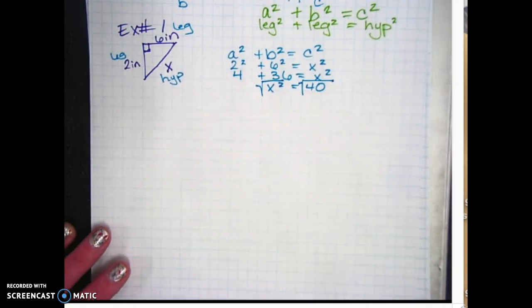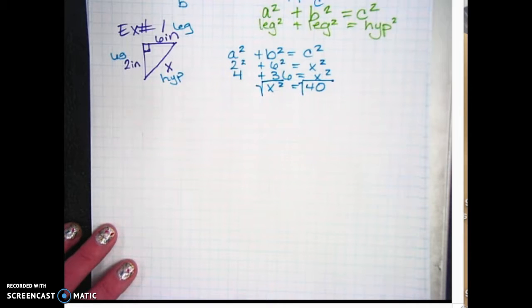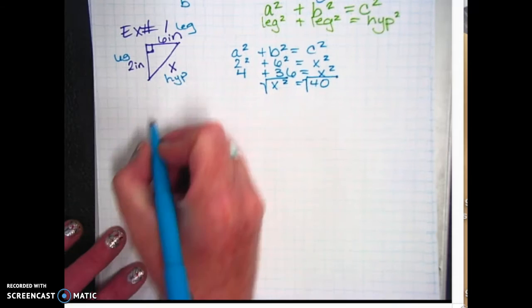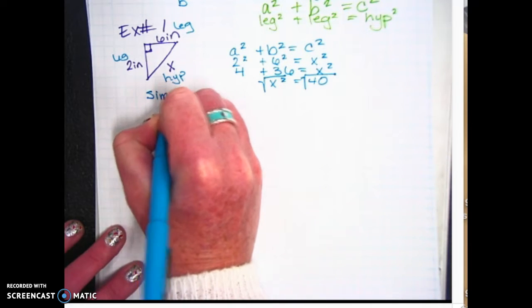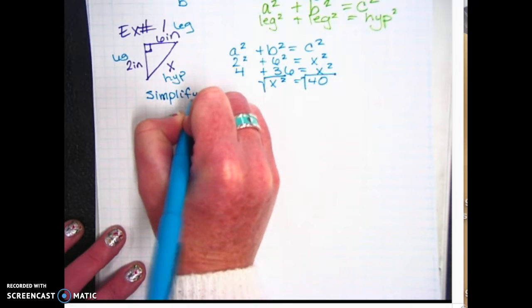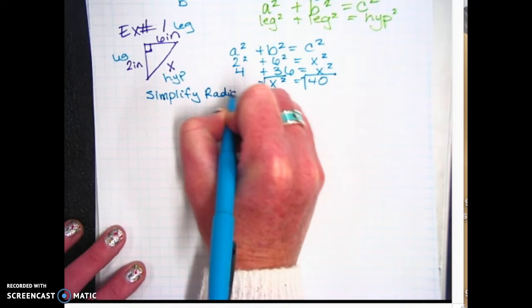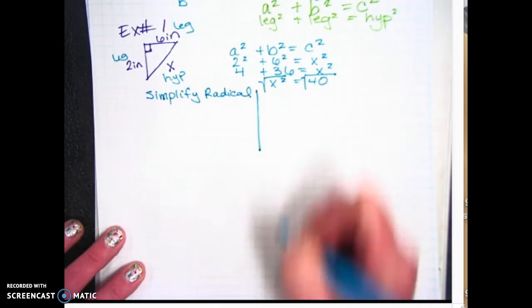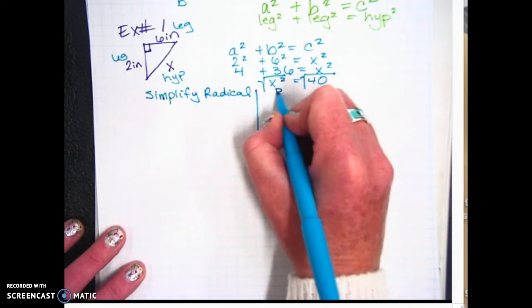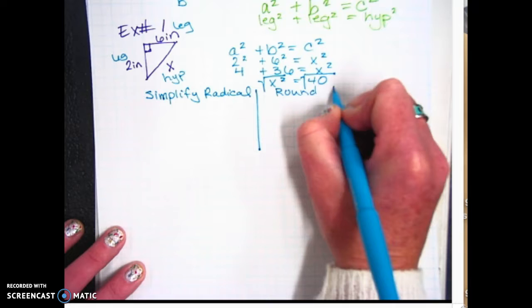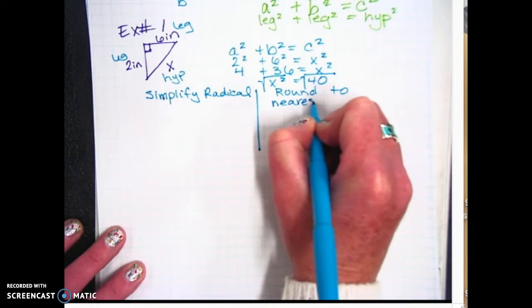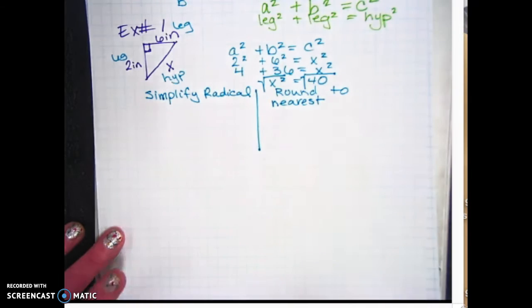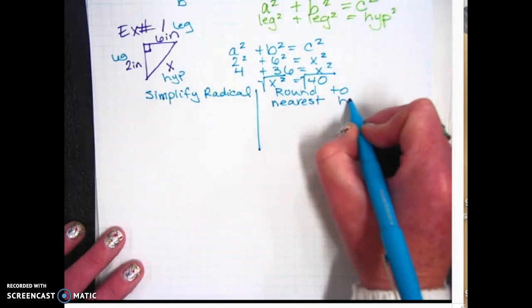From here, you want to do whatever the directions tell you to do. The directions are going to tell you one of two things. Either they're going to tell you to give your answer as a simplified radical, or they're going to tell you to round to the nearest whatever: tenths, hundredths, thousandths. So in this case, we're going to do hundredths.